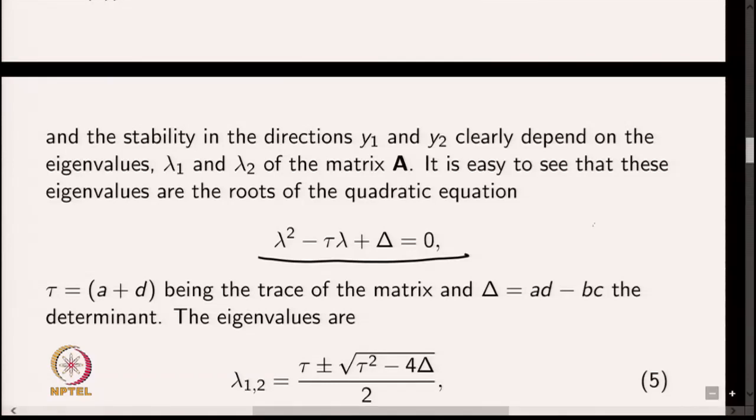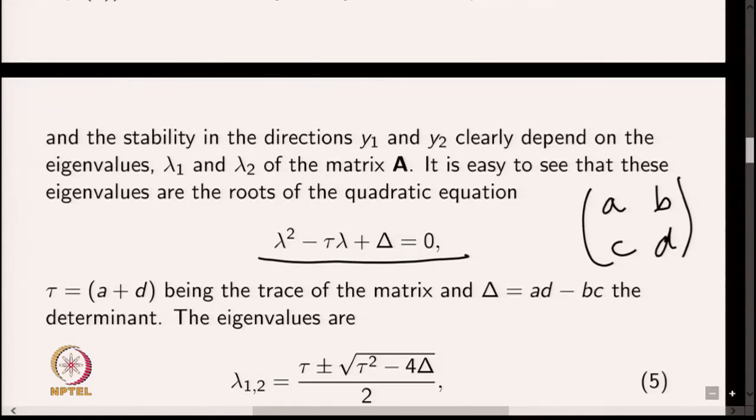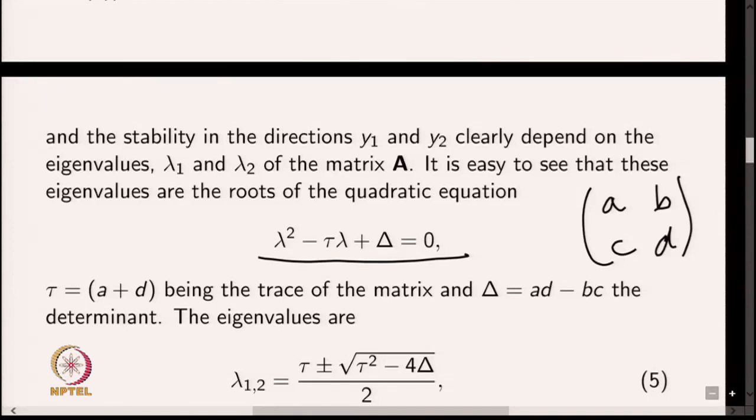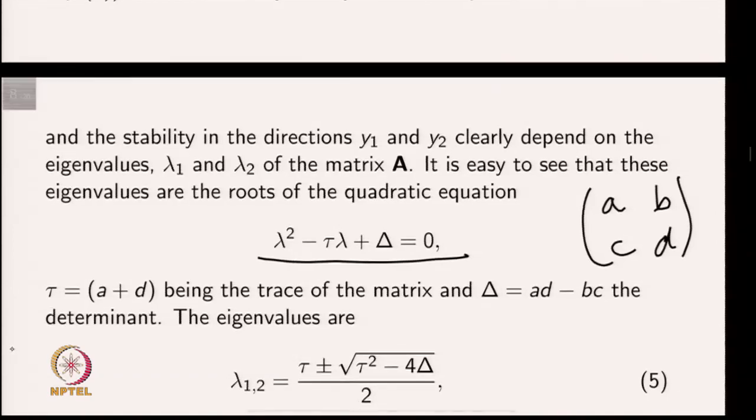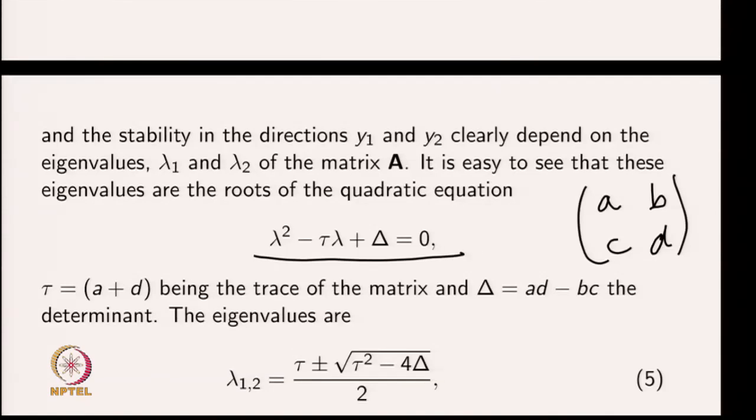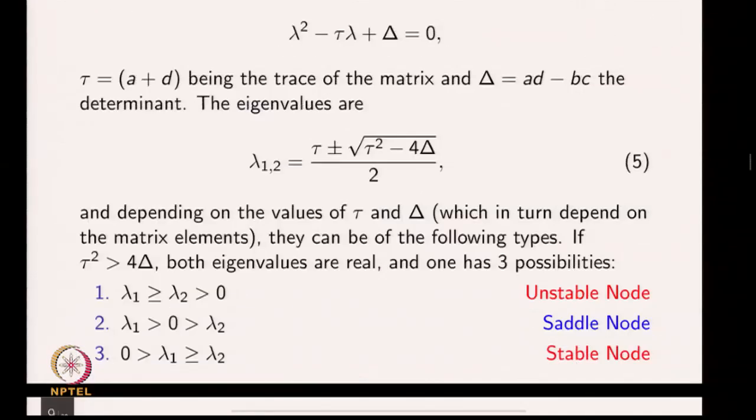Recall that the matrix A is A, B, C and D. So, the sum of the diagonal elements is the trace and the determinant is delta, and the eigenvalues are given by the following equation.